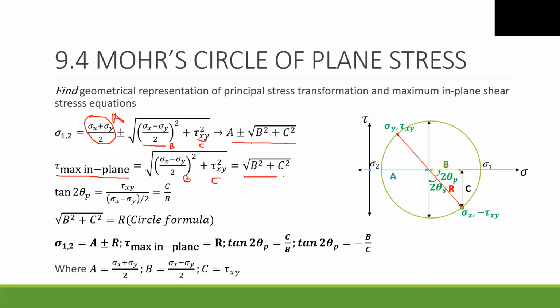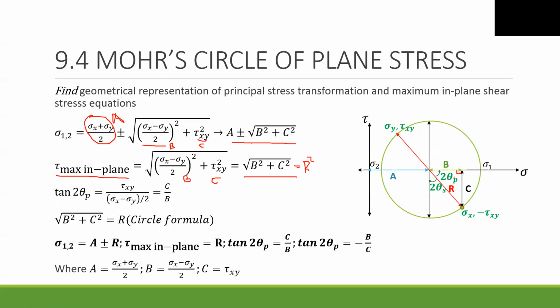First of all, I want to start with that function, the square root of B squared plus C squared. This is a circle function, like R squared is equal to B squared plus C squared. If I draw a circle, B is, for example, the horizontal value, C is the vertical value, and R is the diagonal value.